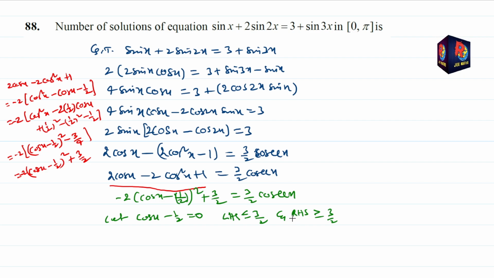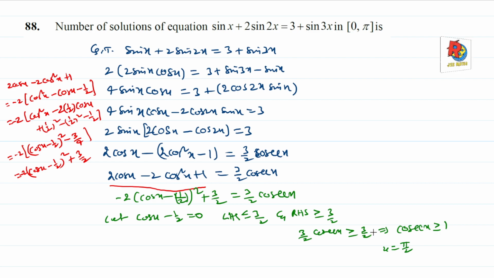So that means the RHS value, 3 by 2 cosecant x, is greater than or equal to 3 by 2. So the cosecant x value should be greater than or equal to 1. Greater than or equal to 1 means cosecant x is possible only when x equals pi by 2. Here x equals pi by 2.